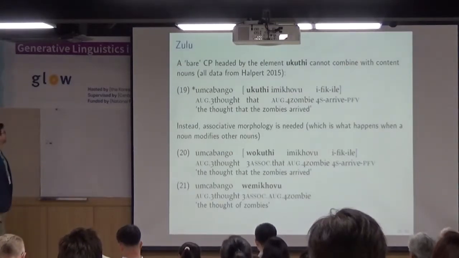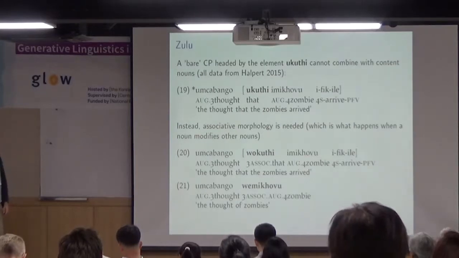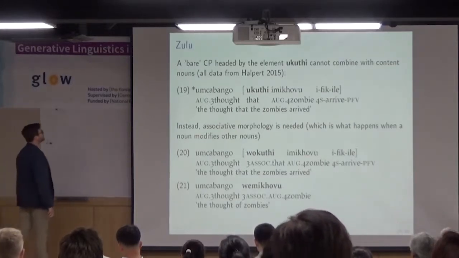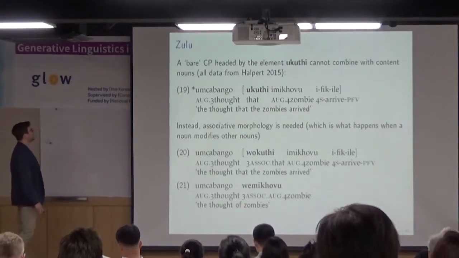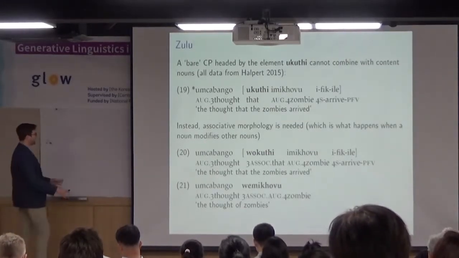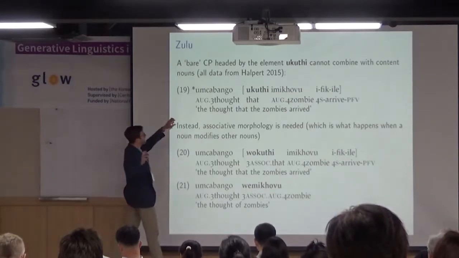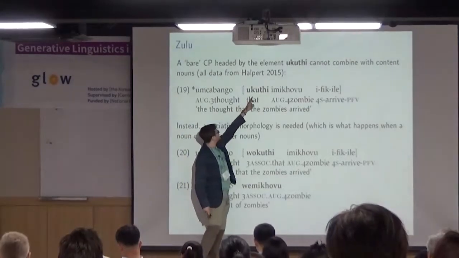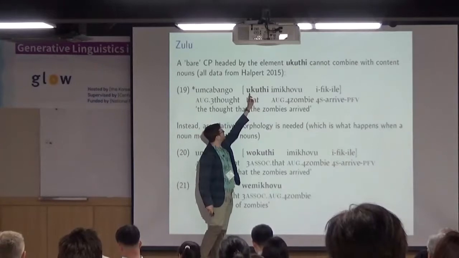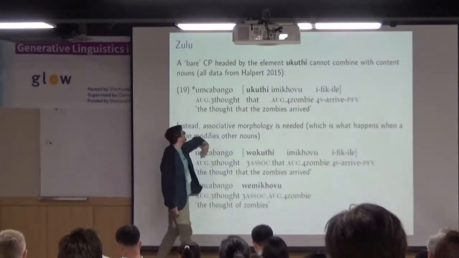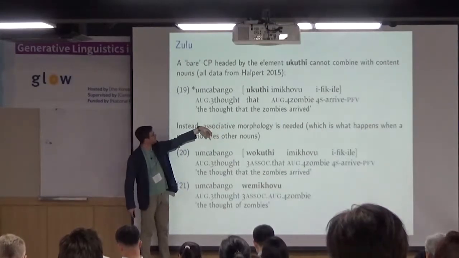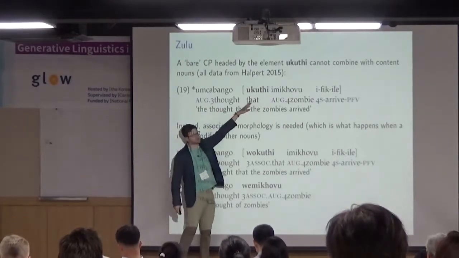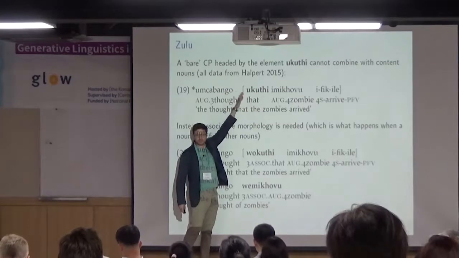Getting out of more familiar languages, Zulu has a pattern that looks surprisingly similar too. Zulu has a variety of complementizers, and one of these is this little guy, I think it's ukuthi, translated as that. It doesn't like to combine with nominals, so for the thought that the zombies arrived, you can't just stick this plain old ukuthi clause next to the noun.